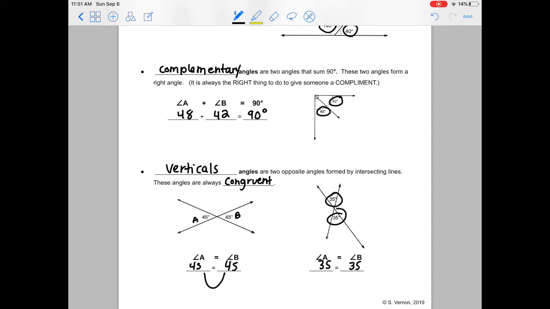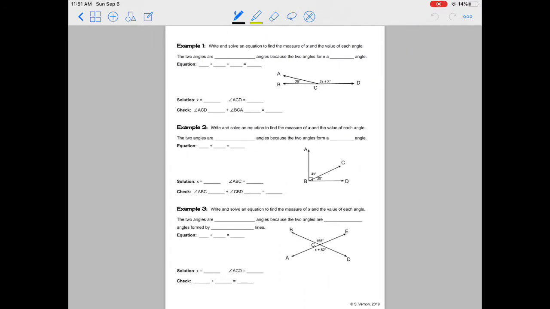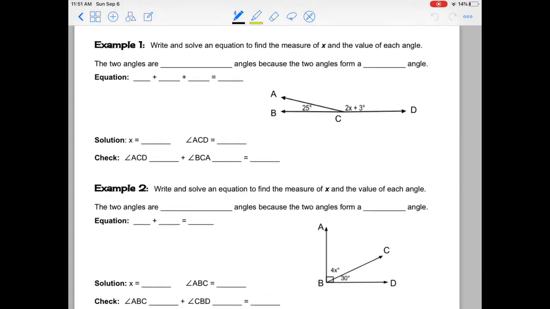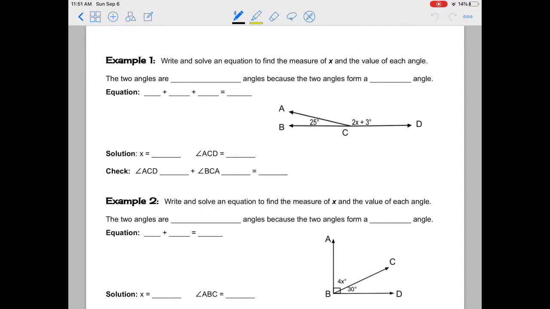Let's move on to some example problems. Example 1: write and solve an equation to find the measure of x and the value of each angle. The two angles are blank angles because the two angles form a blank angle. Remember, a straight line means supplementary. The S in straight tells me it's going to be supplementary.